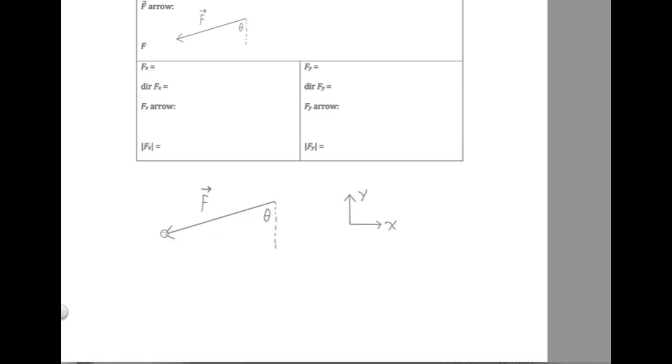So through here, I'm going to draw the line that's parallel to the x-axis. And where they intersect defines our right triangle. Of course, if you wanted to, you could also draw a right triangle above the vector, but that doesn't directly include the angle we were given, so that's a less conventional way to do it.